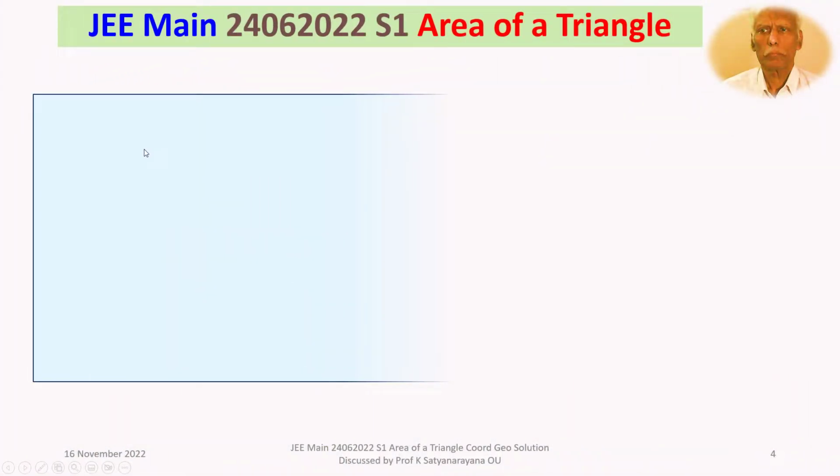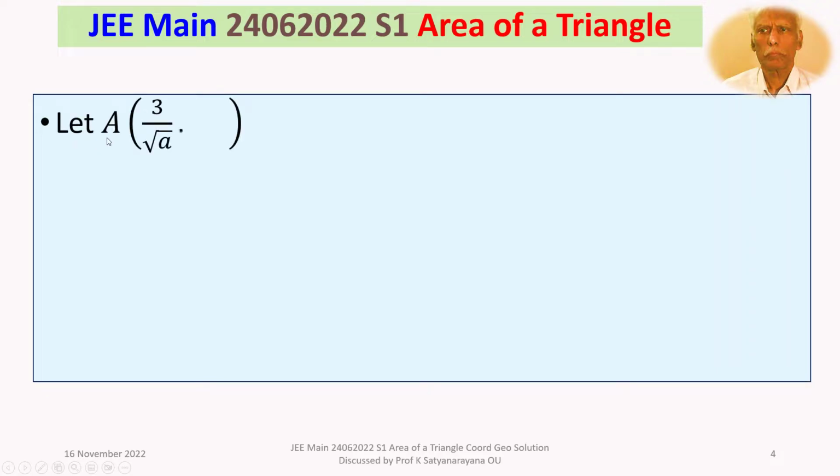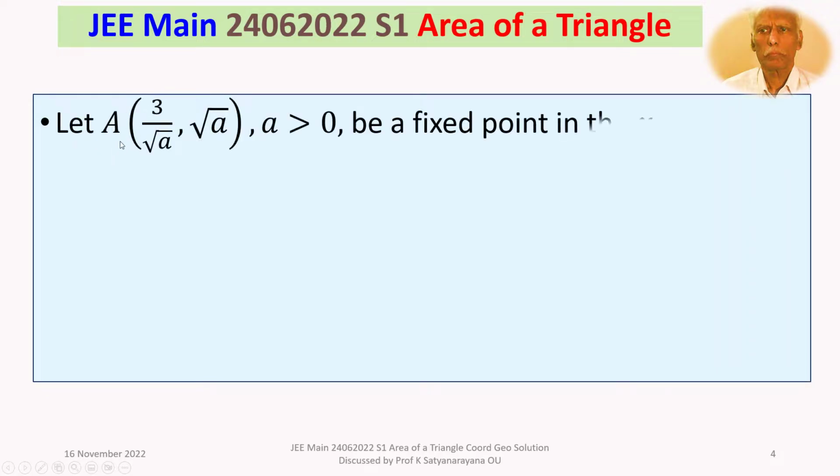The problem is, let capital A with coordinates 3 by square root of a, comma, square root of a, where a is greater than 0, be a fixed point in the xy plane.